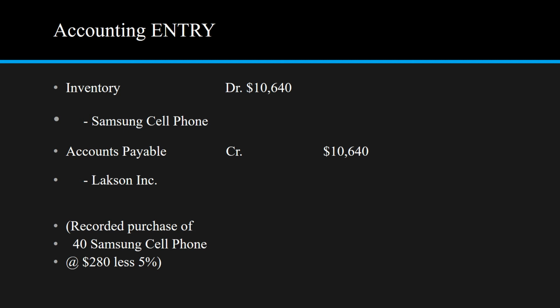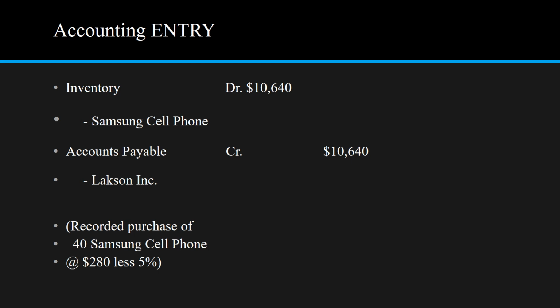And likewise, in accounts payable, there could be many vendors. For each vendor, there will be a separate account. So we write accounts payable dash Lexan Incorporated in this case. And if there is some other vendor, we write that vendor's name under accounts payable.